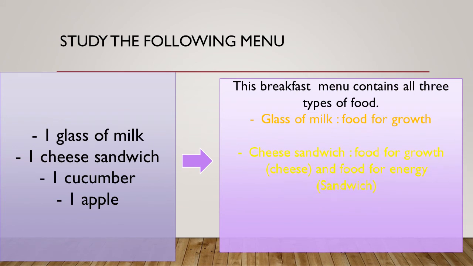The cheese sandwich, it's food for growth, which is the cheese, and the sandwich, it's food for energy since it's a type of bread. The cucumber and the apple, they are vegetables and fruit, which are food for protection. So the breakfast menu contains all three types of food, which are food for growth, food for energy, and food for protection.